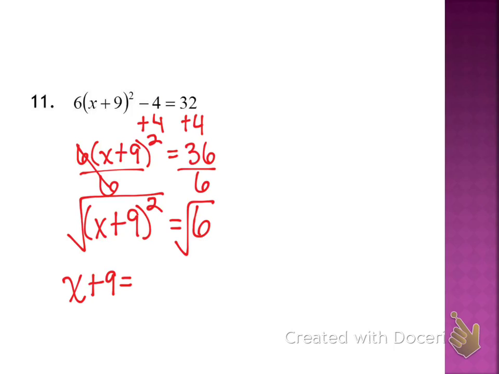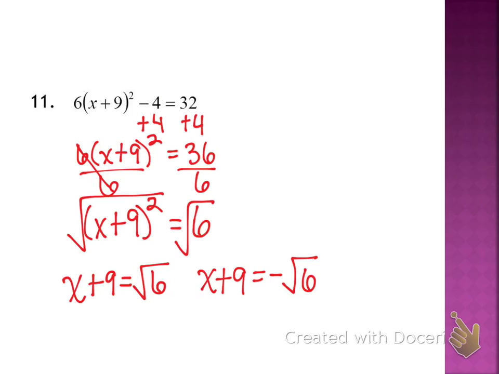No. So what's it going to be? If you can't simplify it, it just stays the same. It's the square root of 6. Or we could have x plus 9 equals negative square root of 6.